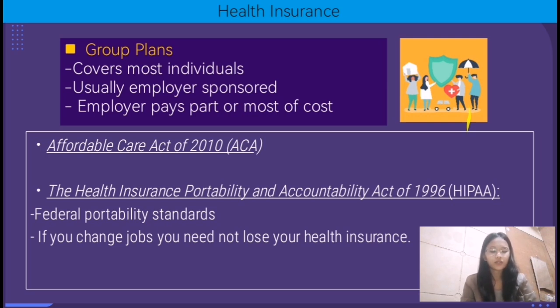And also, the Health Insurance Portability and Accountability Act of 1996 or HIPAA sets a federal standard to ensure that workers would not lose their health insurance even if they change jobs.